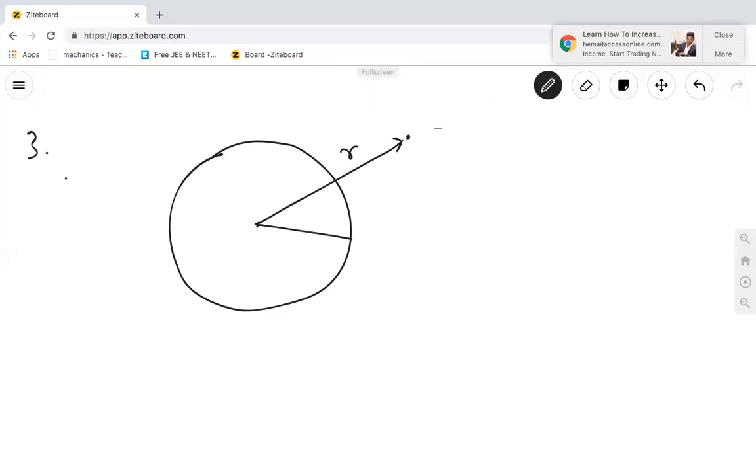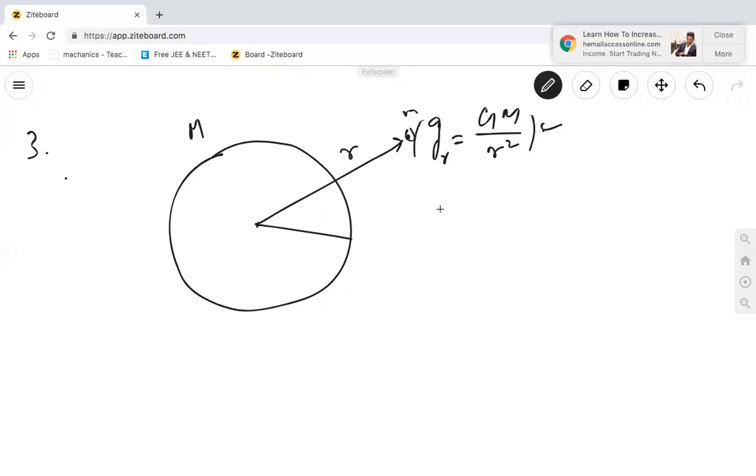What is acceleration due to gravity here? g_r is equal to GM by small r square. Have we done this? Just now when I put a small mass here and capital mass here, I found the force between these two, and then I found the acceleration on this little mass. That was this.